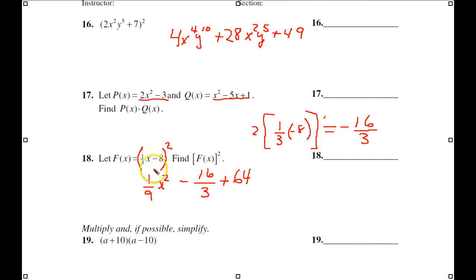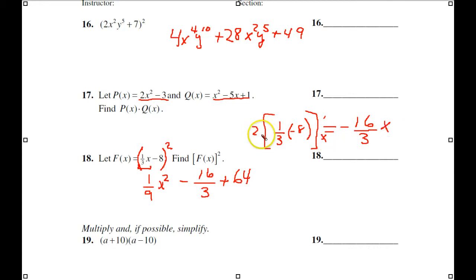So we're going to use that special technique. Square this first term. 1/3 times 1/3 is 1/9, x to the second. Then for our middle term, we're going to multiply the 1/3 x times a -8, and there's an x here at the end, of course.